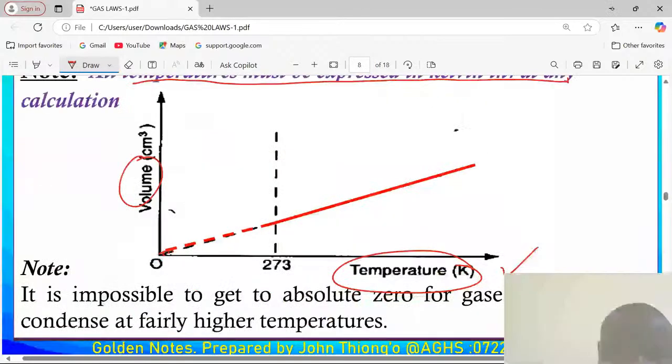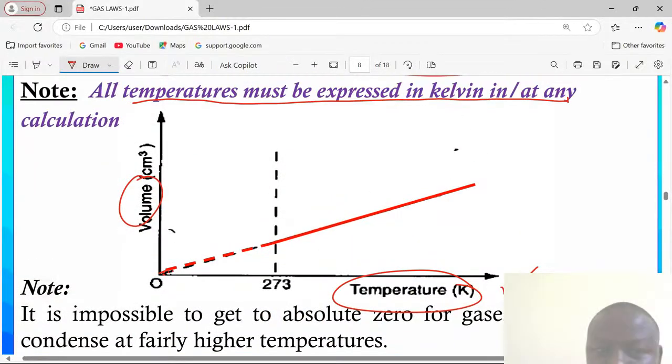The reason why it is dotted here is because it is not practical to have the temperature dropping to zero when the substance is still gaseous. We expect that by the time the temperature is becoming that low, the substance will have condensed into a liquid or something, but a gas realistically cannot take such a temperature. So that is what you're supposed to know.